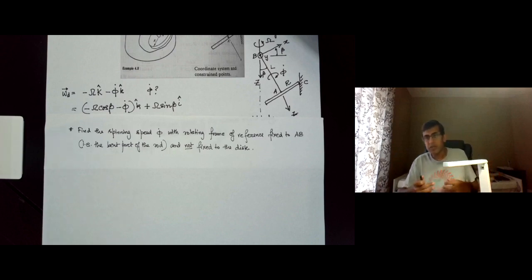So essentially, when we express the velocity of C with respect to A, we will have to introduce the relative velocity within the rotating frame, because our rotating frame now does not rotate with the disk, and because it does not rotate with the disk, there is a relative vector in the rotating frame of the point C with respect to A. Okay.